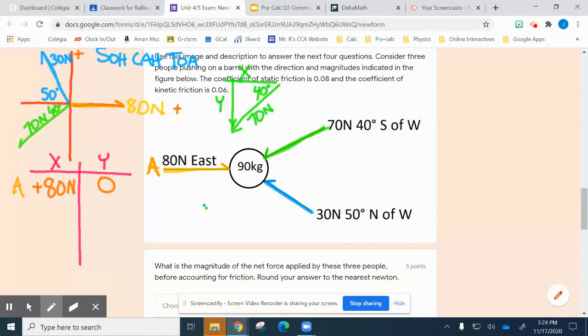We know an angle and we know the hypotenuse, which means the sine of 40 is associated with the ratio between the opposite leg and the hypotenuse. So that's going to be the y. It's going to equal the y leg over the hypotenuse, which we know is 70 newtons. So that's just going to be 70.